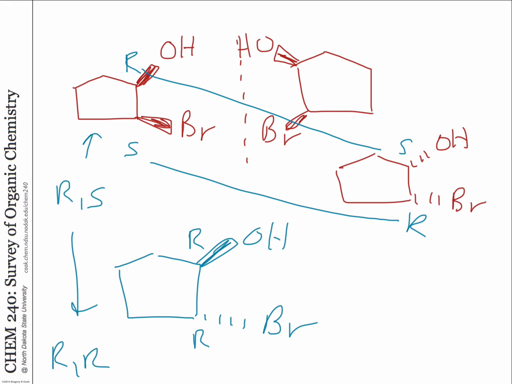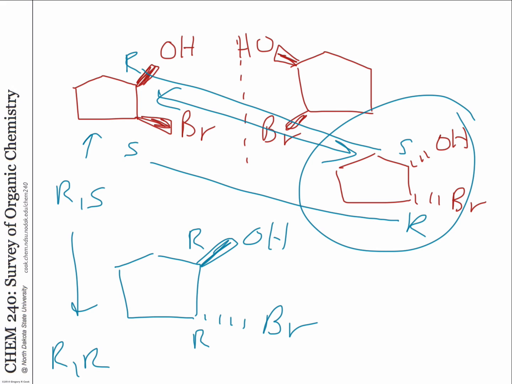They can't be mirror images if one of them is the same. So the relationship is diastereomer, right. Now compare the enantiomer of that one to that one. Here we have SR and RR. It just happens that this one stays the same, that one switches. Okay, so that's also a diastereomer relationship.